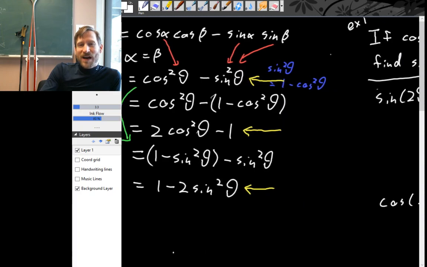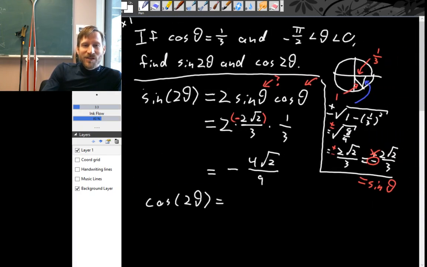And if you look at our values of sine and cosine, sine is negative 2 root 2 over 3, and cosine is just a third. A third is such a nice number to work with. I think it would be best to only use cosine if we can get away with it. So let's use the flavor of double angle formula for cosine that only uses cosine. And remember, that is 2 times cosine squared theta minus 1.